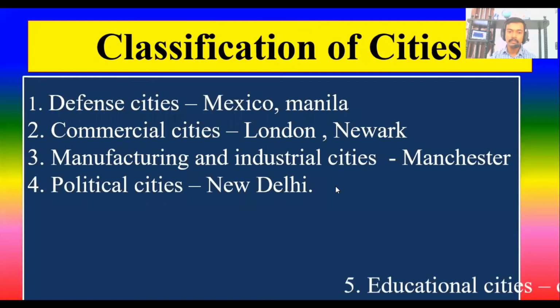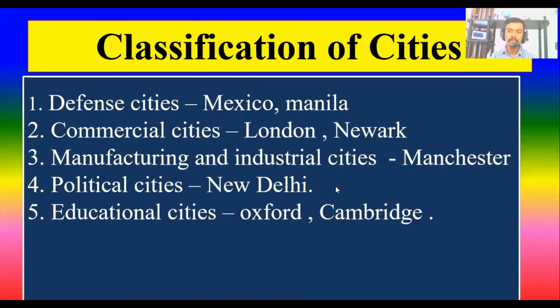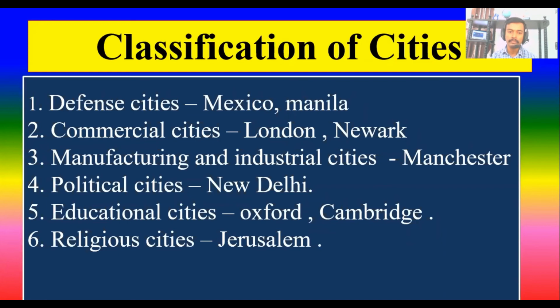New Delhi became a city due to being the political head of India; people migrated from all over India for political purposes. Then educational cities, Oxford, Cambridge. Religious cities, Jerusalem, pilgrimage. Then resort cities, Srinagar.